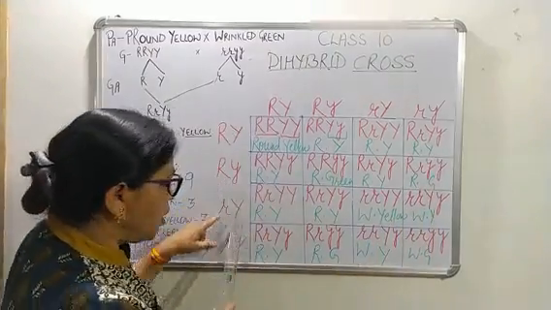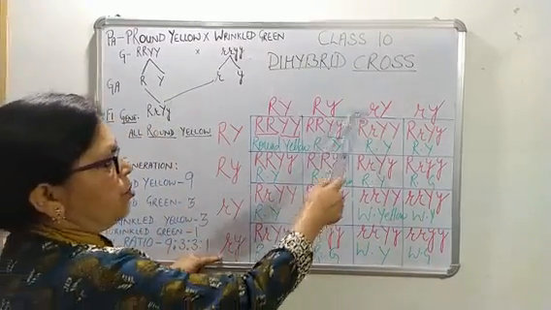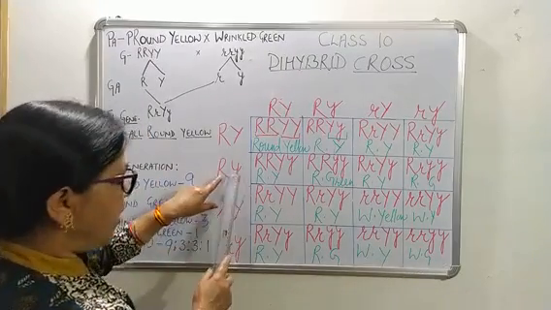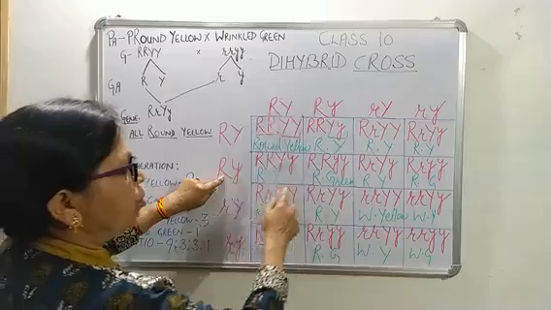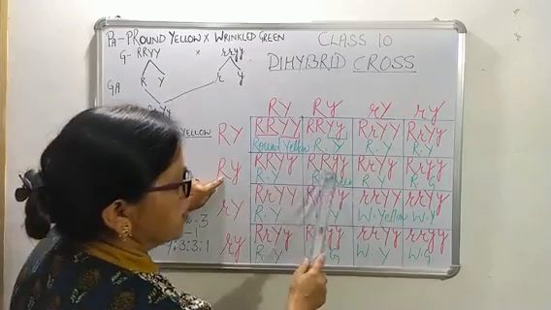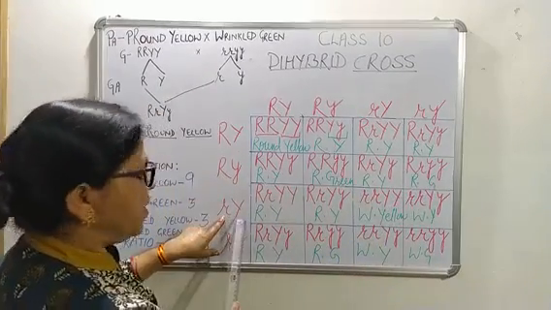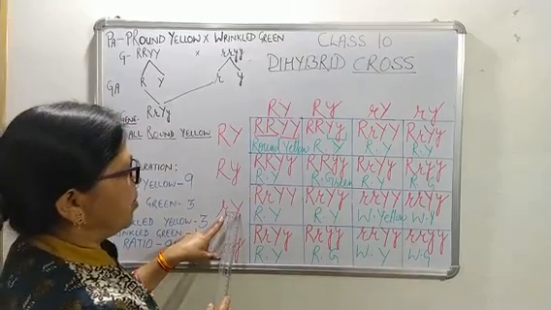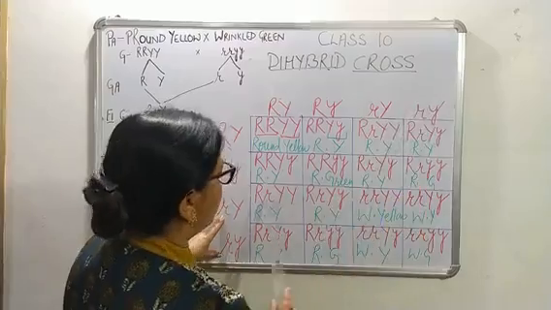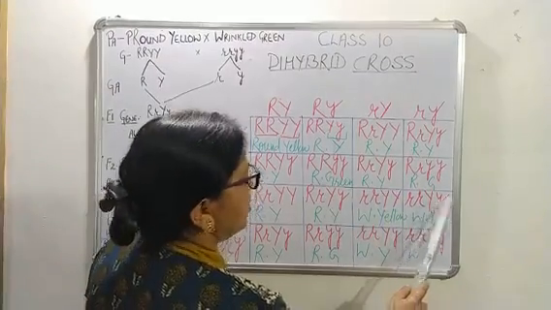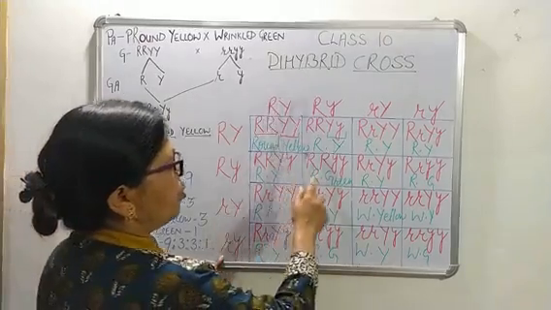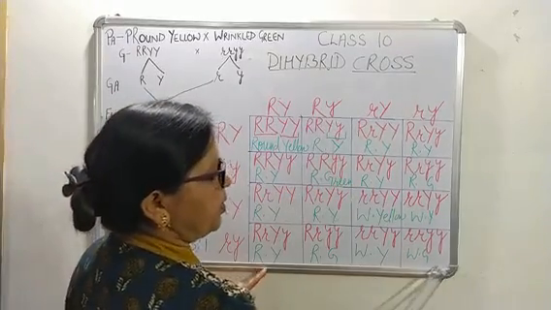In this way you can cross all gametes till the last square. Take the second and cross with all to see the result one by one. Similarly, take this gamete and cross with all to fill this line. Then the last, small r small y, cross with all. You will be getting these results.